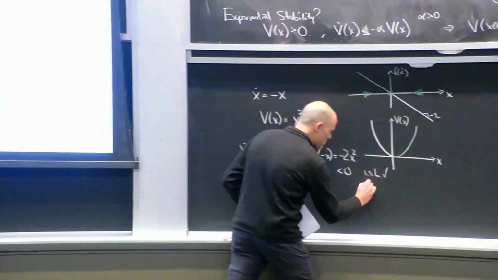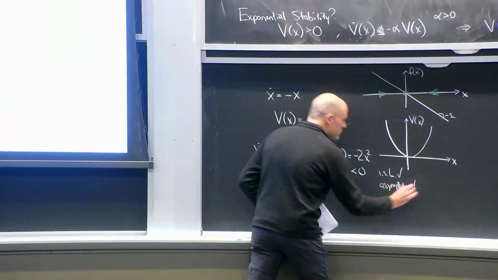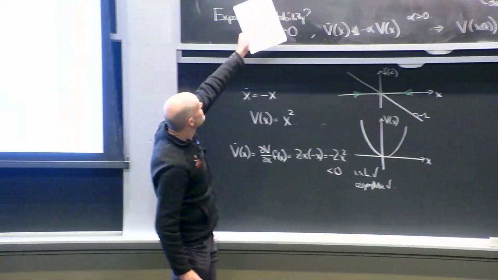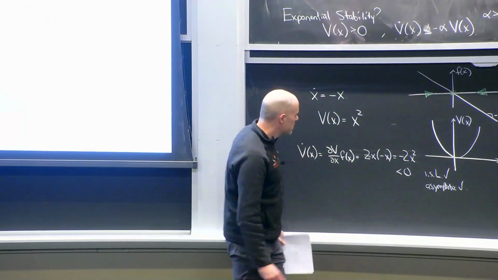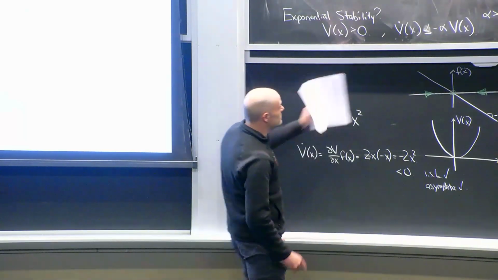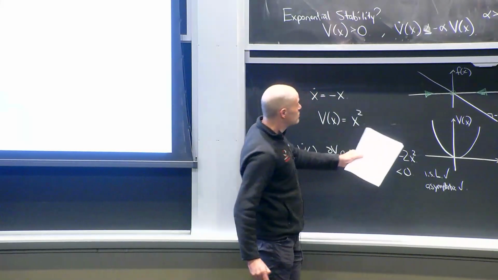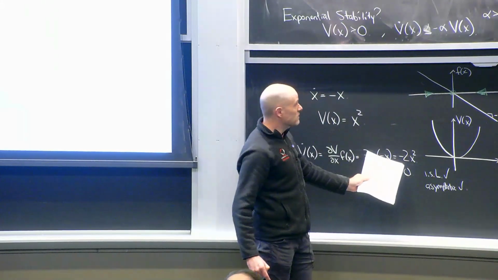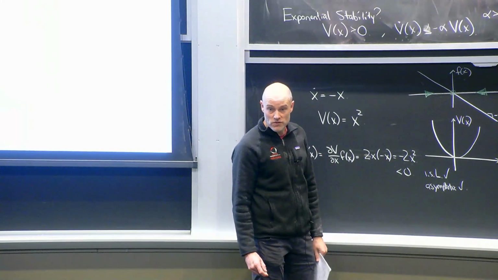It's also going to give me asymptotic stability. If you have this condition, you certainly have the Lyapunov condition. And it also even has this condition, because x squared is this. So if I choose alpha to be 2, then I've proven exponential stability. Yeah?